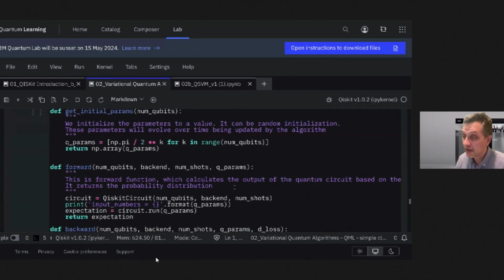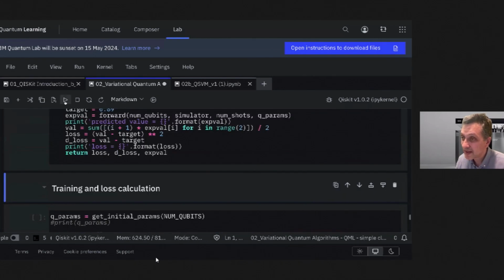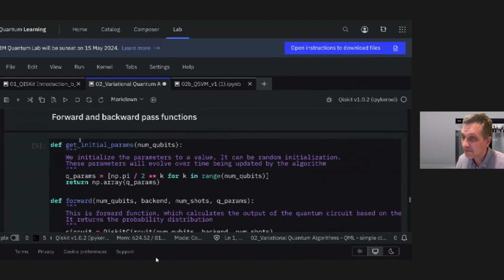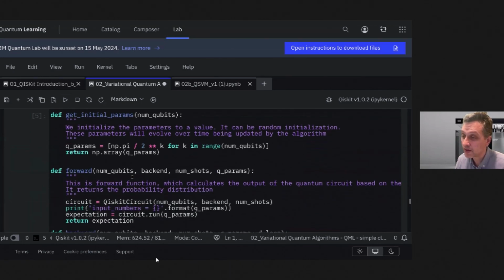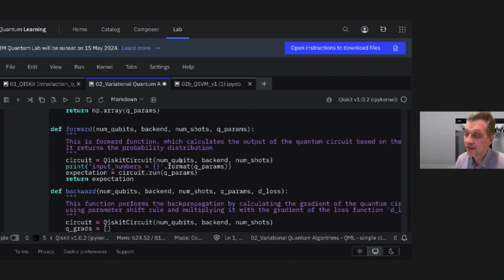So really, we can program something that has initial params that we set to these qubits, to these rotations. Forward is setting the parameters and running the circuit.